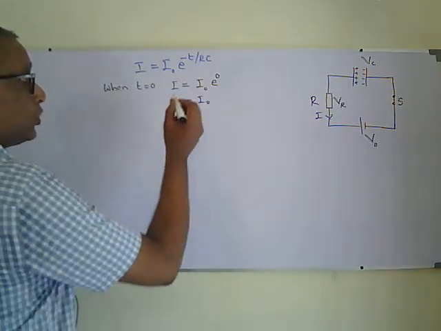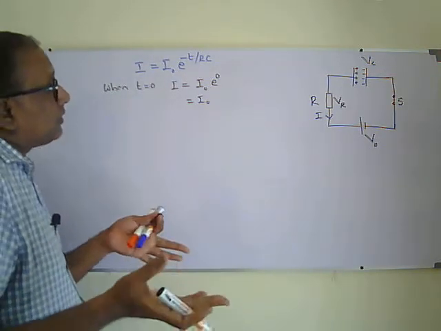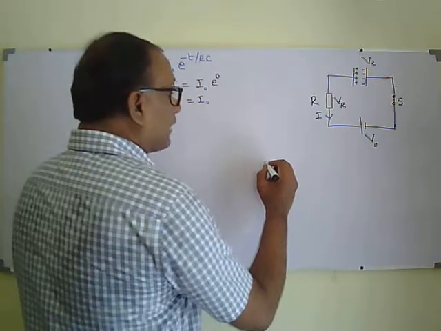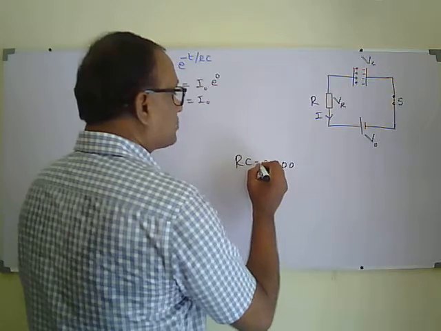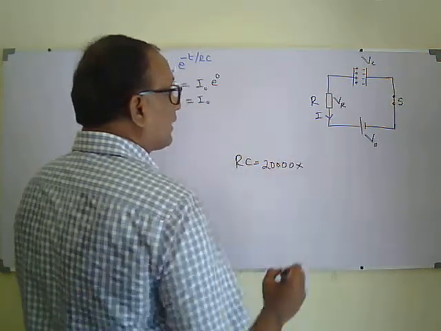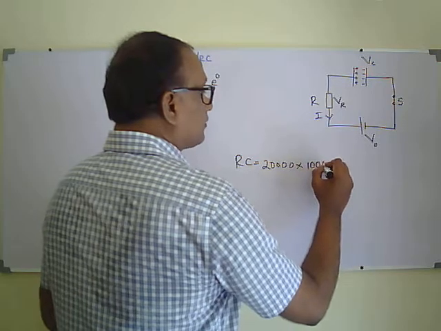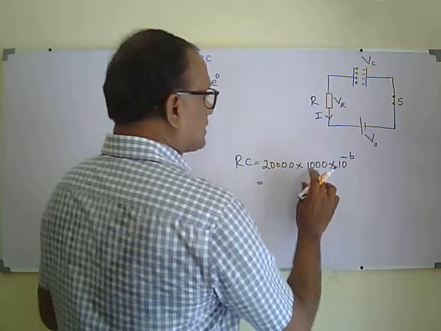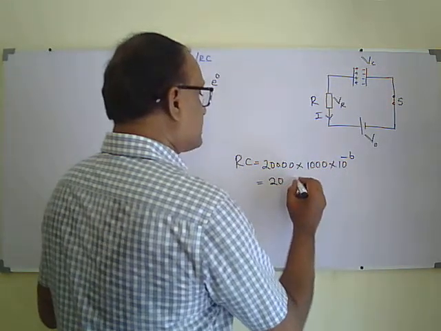I told you this time constant RC has a unit of seconds. Say for example, we are using a resistance of 20,000 ohms, and imagine we are using a capacitor of 1000 microfarad, that is 1000 times 10 to the power minus 6 farad. Then RC is going to be 20 seconds.